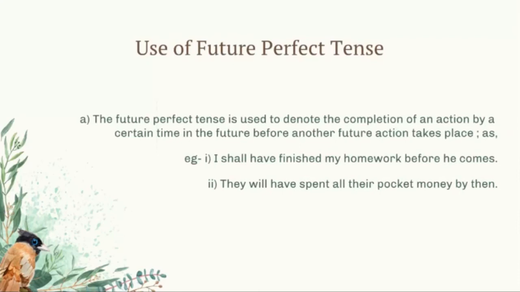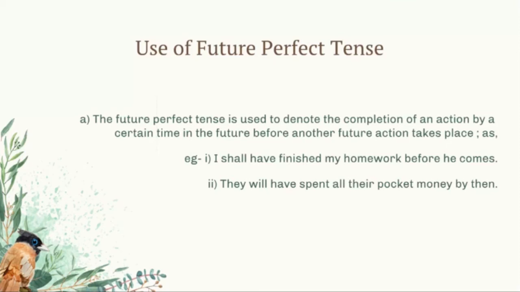Now the uses of future perfect tense. Children, the future perfect tense is used to denote the completion of an action by a certain time in the future before another future action takes place. Example, I shall have finished my homework before he comes.